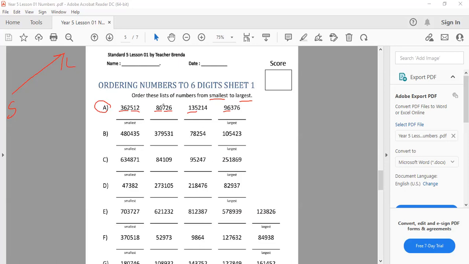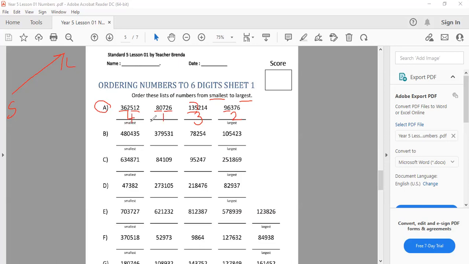I don't even have to read the number at the back. Read the number in front and think, which is the smallest number here? Obviously, this one, 80,000. Then comes the 96,000. Then between 135,000 and 362, of course, 135 is the third number and 362 is the fourth digit.